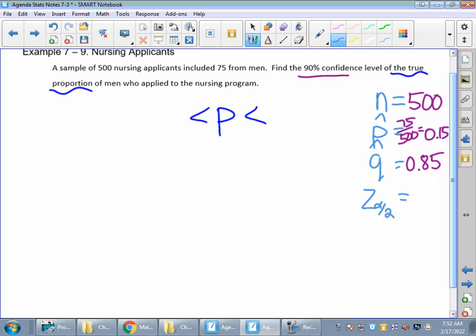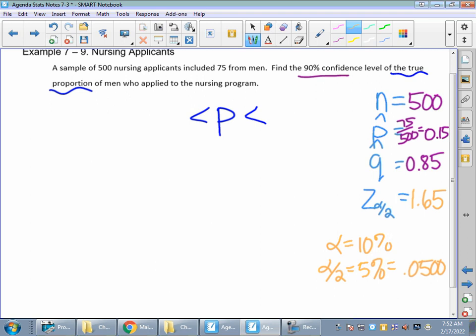It's a 90% confidence level, so alpha equals 10%. So alpha over 2 equals 5%, which is also equal to 0.0500. Everybody's jumping into their z table right now, I'm sure of it, and searching for a 0.0500. That is a betweener, I think. It ends up being a 1.65.